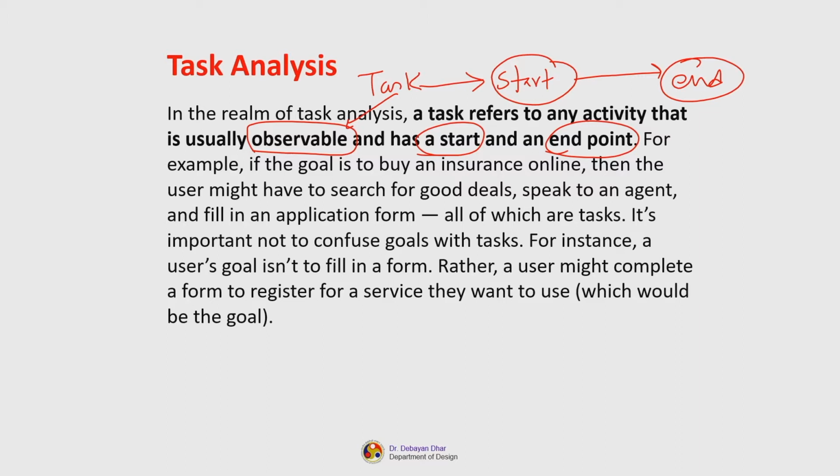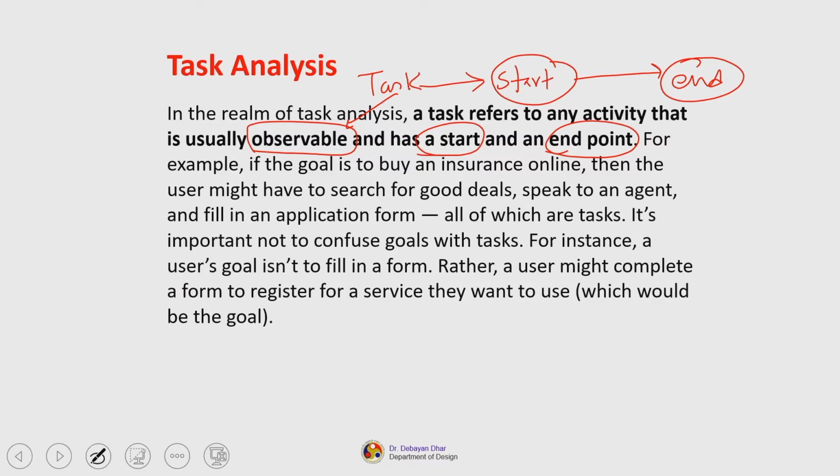He would probably like to speak to an agent, and also he would like to fill in an application form. All of these are tasks, while the goal is to buy an insurance. Remember this: while the goal is to buy an insurance, these are individual tasks that your user performs in order to reach the goal. So, it is important for us not to confuse between goals and tasks.